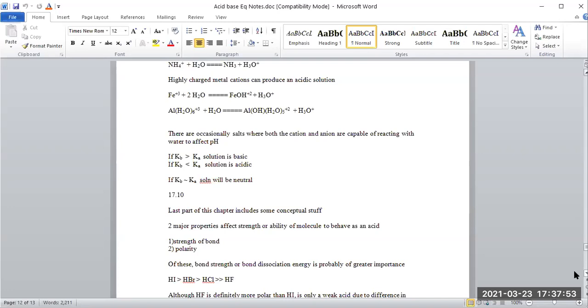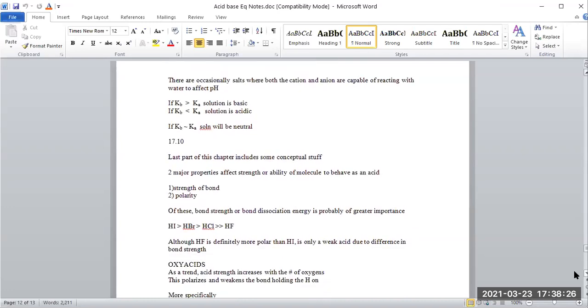So you need to look at your Kas and Kbs. How are they in comparison to each other? If they're really close in value, close doesn't necessarily mean they have to be 7.0 times 10 to the negative seventh. It might actually be something a little bit different than that, like, I don't know, 6.8 to the negative seventh or something along that line. Chances are you will not have enough ions generated to really change your pH.